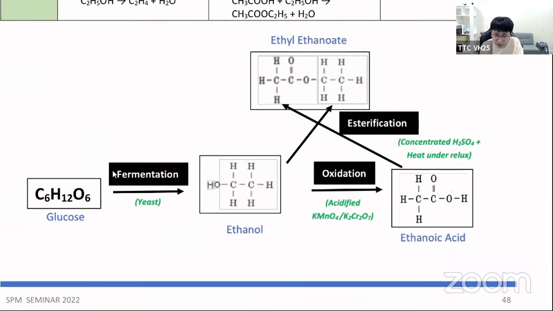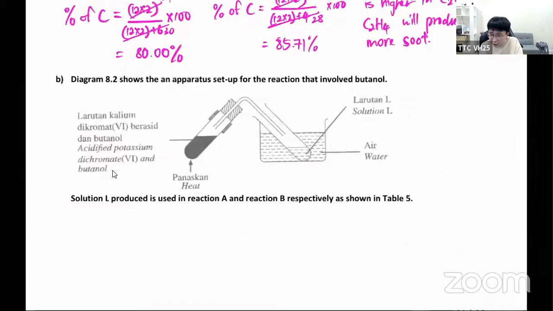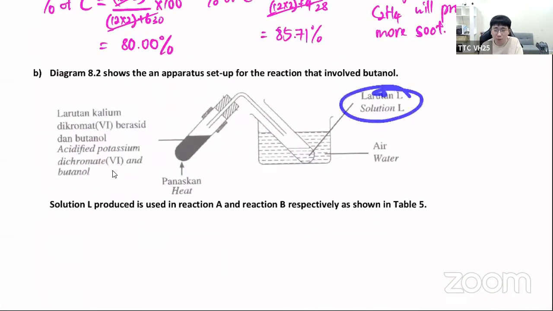So technically, I would say your L is supposed to be carboxylic acid. And according to butanol, I will expect that your L is butanoic acid.